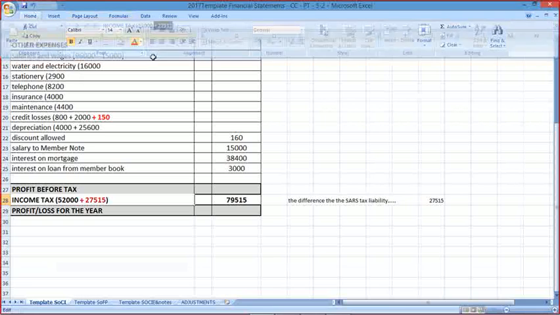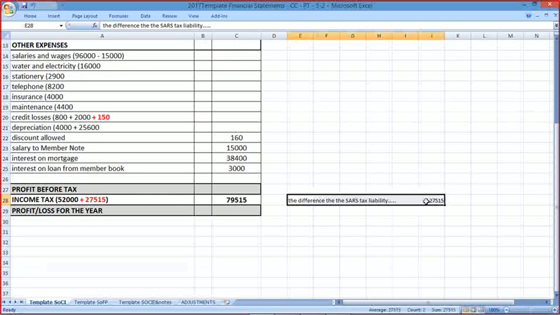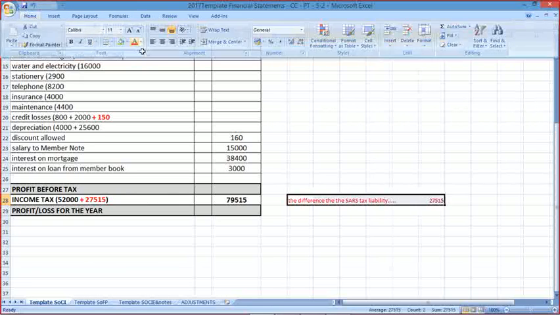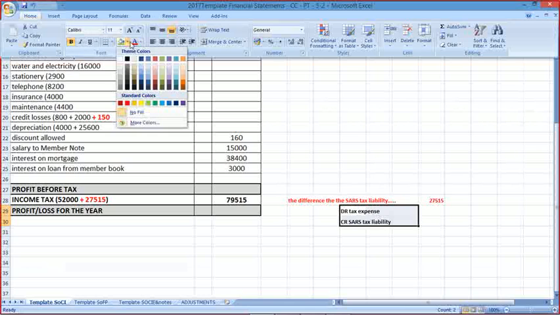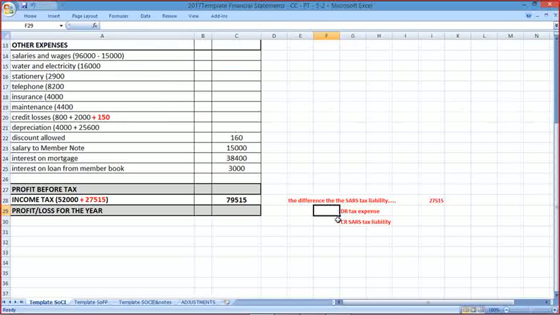That's an amount that's owing. Yep. Okay, so the working for this would have been debit the tax expense, credit the SARS liability. Liabilities. Okay. So that's a current liability.